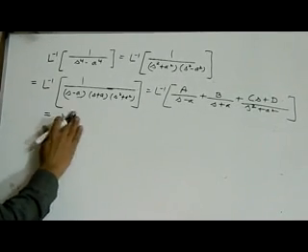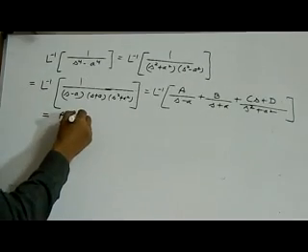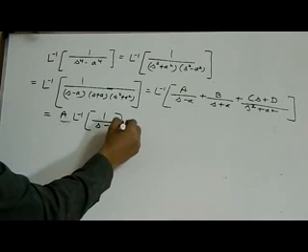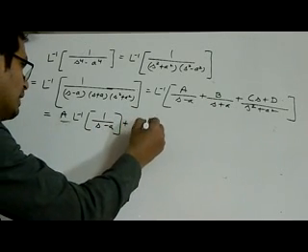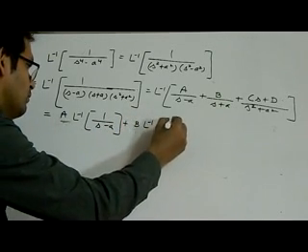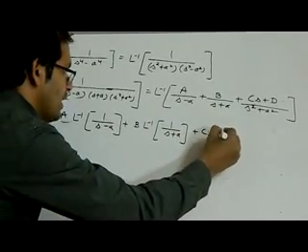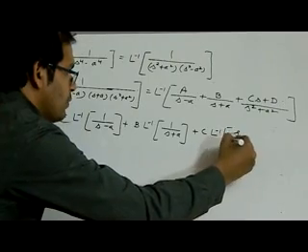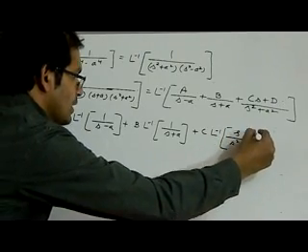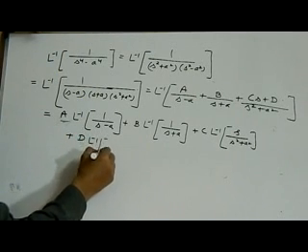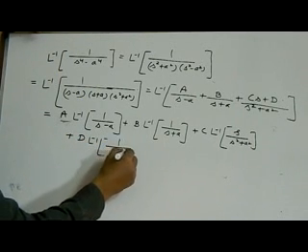So it will be simply A times L inverse of 1 upon s minus a, plus B times L inverse of 1 upon s plus a, plus C times L inverse of s upon s square plus a square, plus D times L inverse of 1 upon s square plus a square.